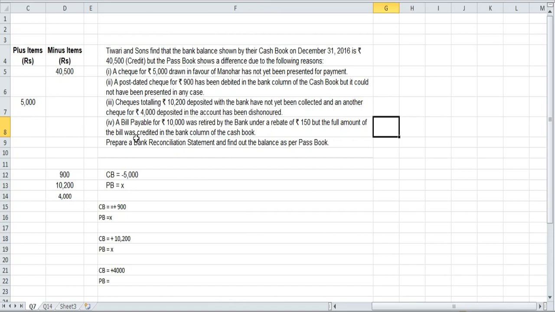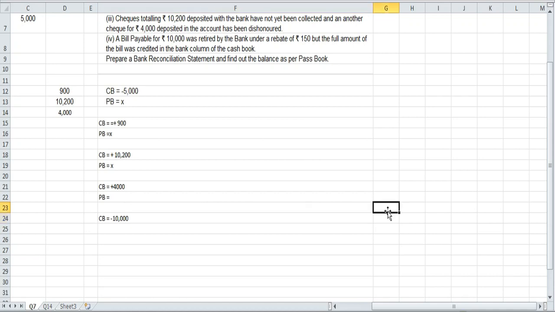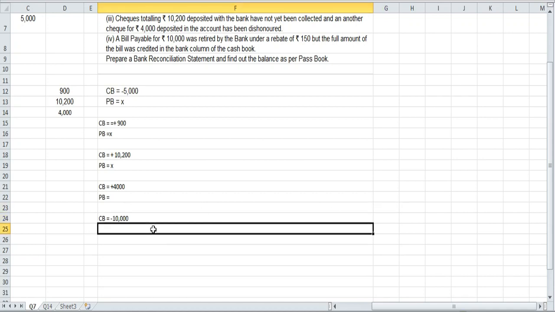Okay, then number 4, a bill payable for 10,000 was retired by bank under rebate of 150, but full amount of the bill was credited to the bank column of the cash book. Okay, so here what is happening, there was a bill for how much, 10,000. So bills payable, so you paid a bill for 10,000, so in your cash book you have recorded 10,000. Okay, but in your passbook there is a rebate of 150.